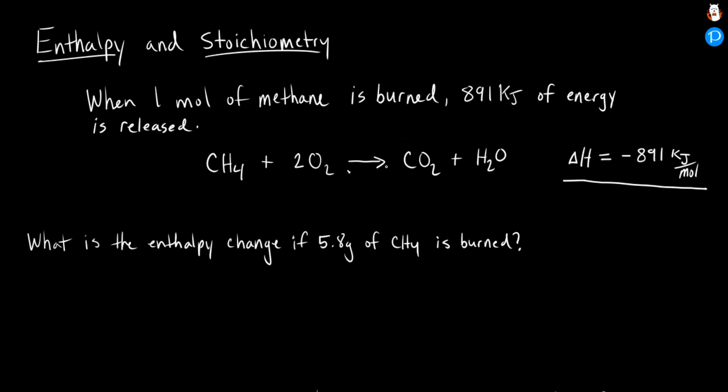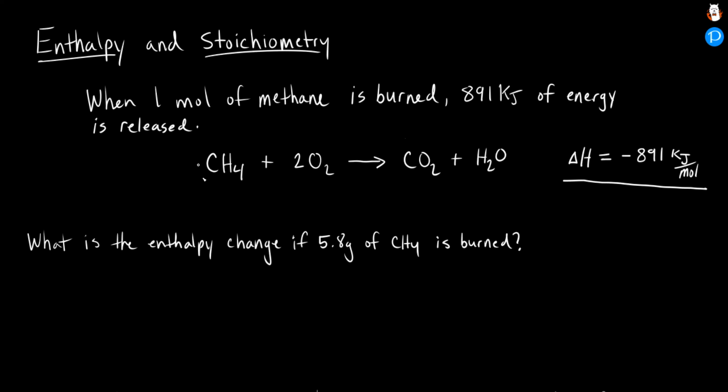So in other words, when this reaction happens, for every mole of methane that's burned, which is what's being explained right here, for every 1 mole of methane that's burned, there's this many kilojoules of energy that are released. Now we can use the stoichiometry of the equation to figure some different things out.